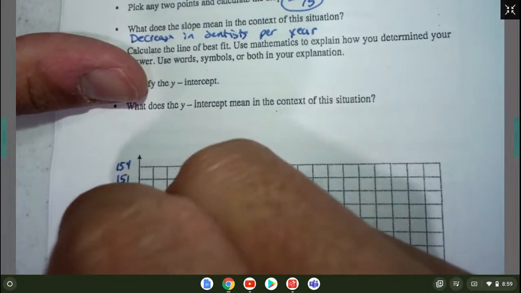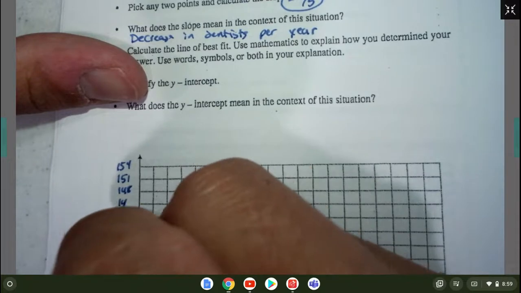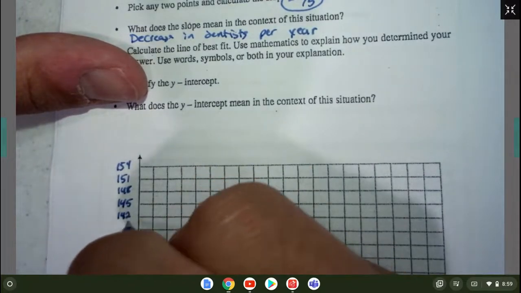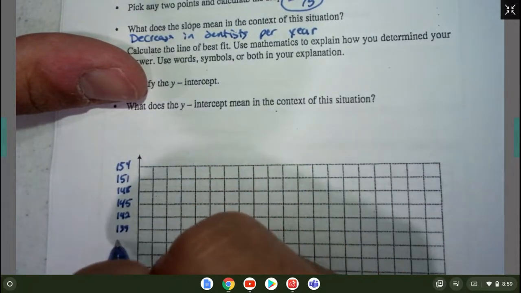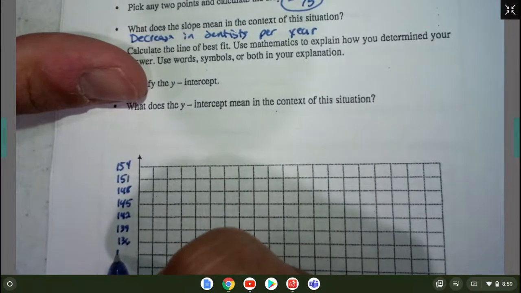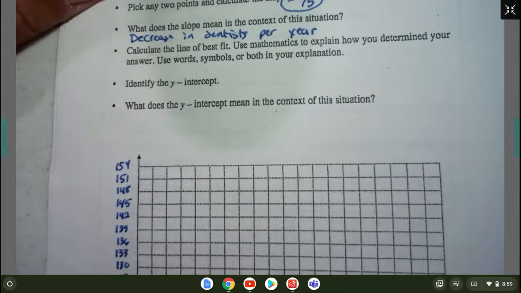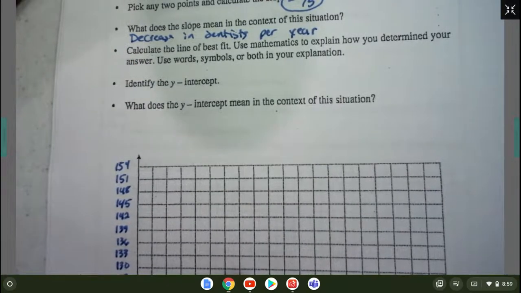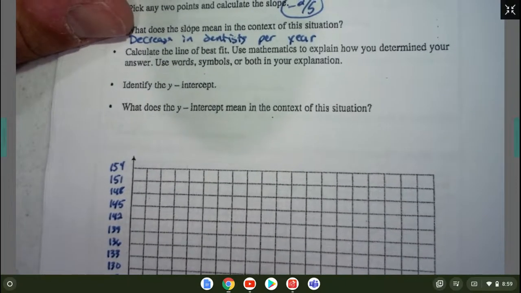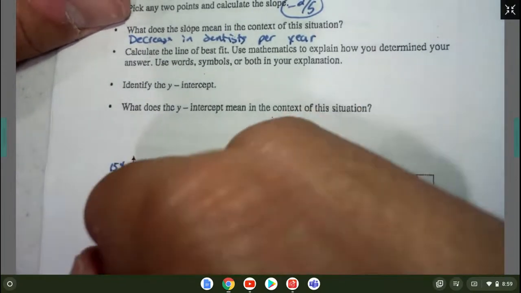So 151, 148, 145, 142, 139, 136, 133, 130, 127, 124, 121. And I'm skipping some, I'm skipping from 0 all the way up to 121 there. And we're going to start at 0 and 154.